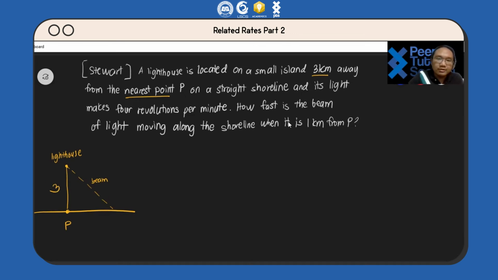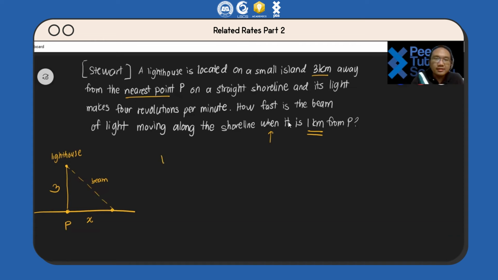Again, this 1 kilometer, as we have mentioned a while ago, when is the keyword that tells us it's a known value of a variable as opposed to a constant. It also gives us an idea that we are interested in how fast the beam of light is moving along the shore, when it is 1 kilometer away from P. So we're interested in this horizontal distance over here, that horizontal distance x.